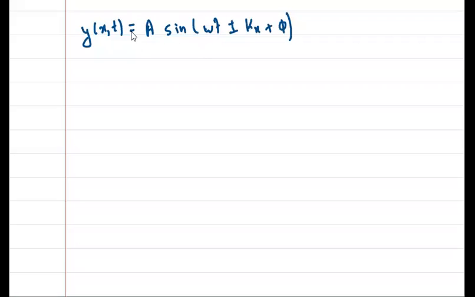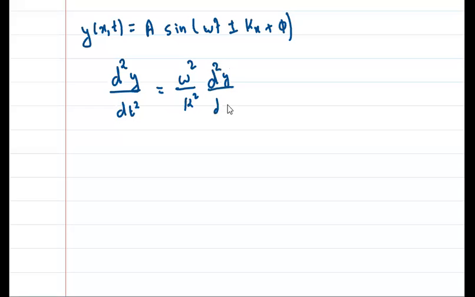Now this is just for sinusoidal, but we can have different types of waves which follow a certain condition. I hope all of you remember the condition: d square y by dt square is equal to omega square by k square into d square y by dx square.